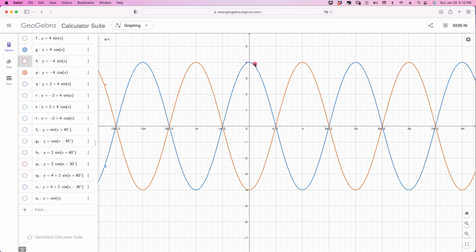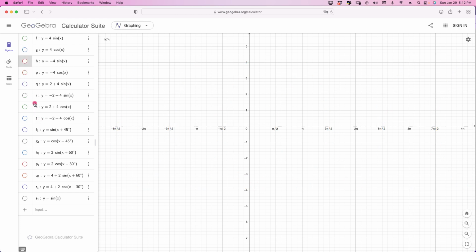So the blue is the positive, and the orange is the negative. And so we learned that first. We learned how to see what the amplitude was, what the midline or the axis was, and how to read those. So then we went from there to translating or moving the sinusoid up or down along the y-axis.